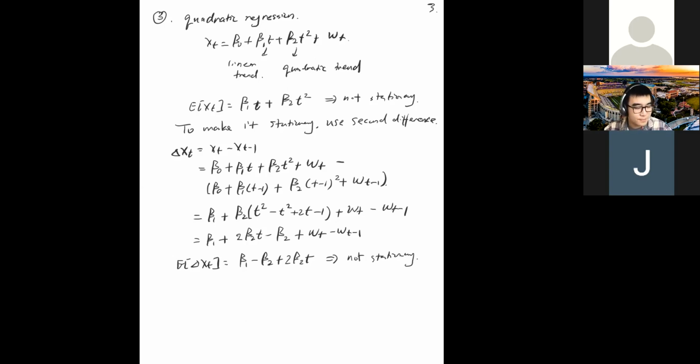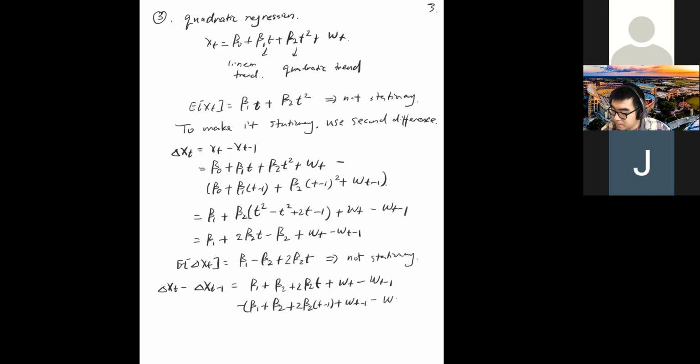Right, and if we take the second difference, so it's delta xt minus delta xt minus 1, this would be equal to beta 1 plus beta 2 plus 2 beta 2 t plus wt minus wt minus 1, minus the corresponding terms at t minus 1, wt minus 2.